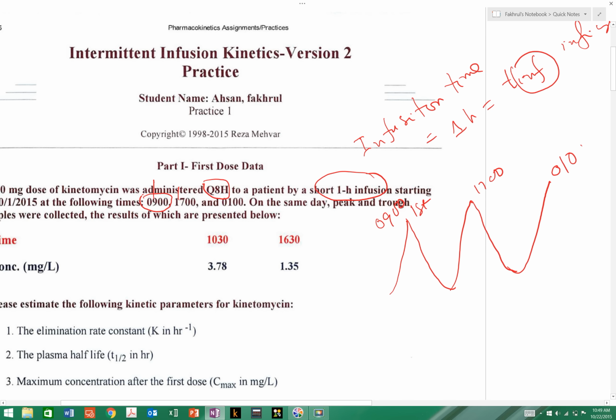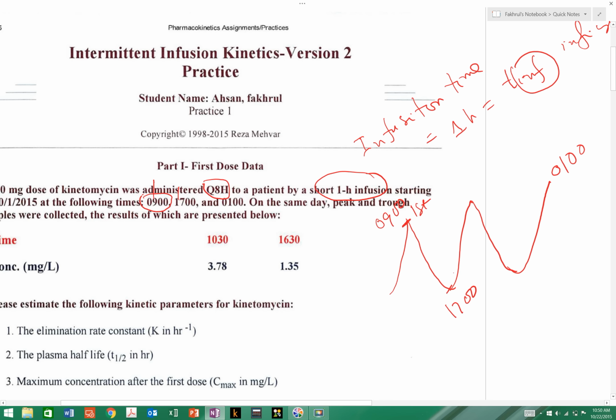So we are going to calculate all the kinetic parameters based on the first dose. So we will focus on this first dose. This should be the interval, 0900 and 1700. So this is your interval for first dose.